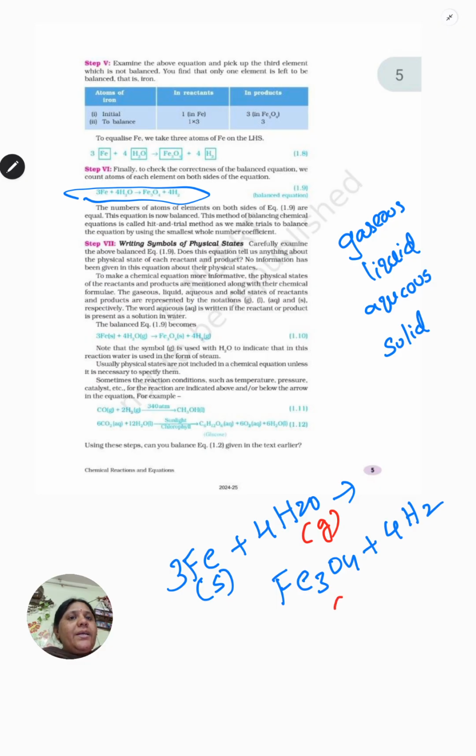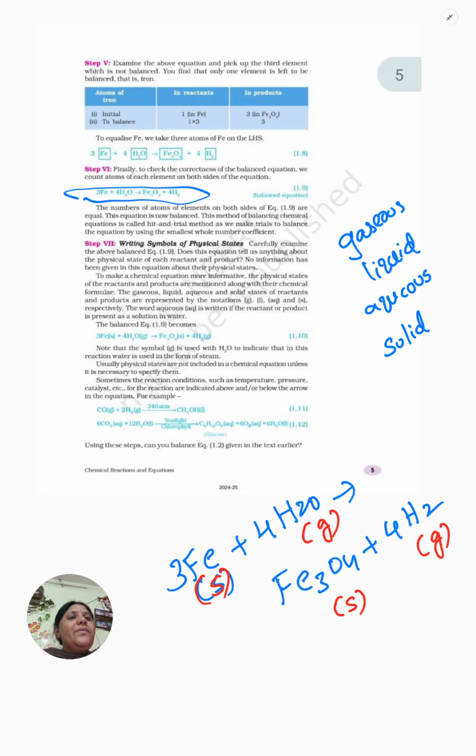Iron oxide is again in solid form. It is a layer kind of thing. And hydrogen is in the gaseous form. So if you write like this, we are going to understand the complete information about the equation, even the forms of the material.